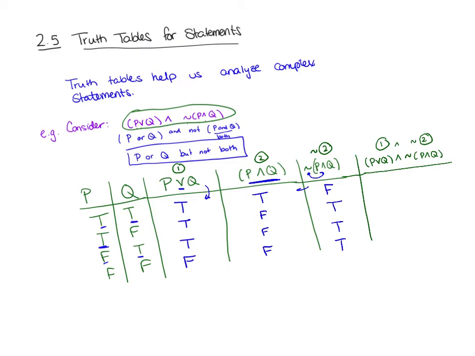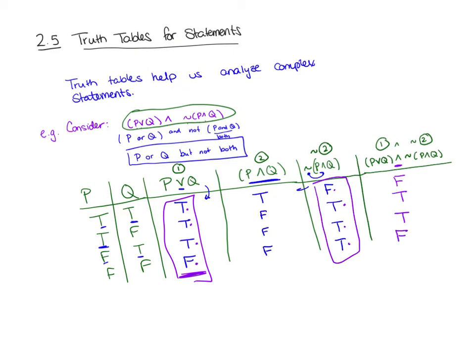And then finally, I'm going to put together my 1 and my not 2. I'm only going to get something that's true if they're both true. So true, false becomes false. True, true becomes true. True, true becomes true. And false, true becomes false.